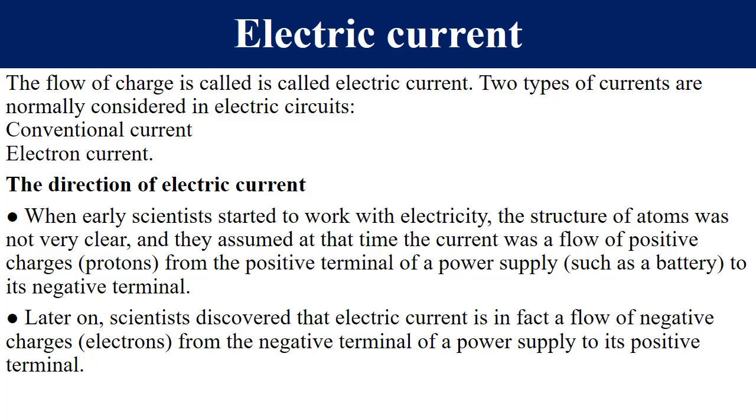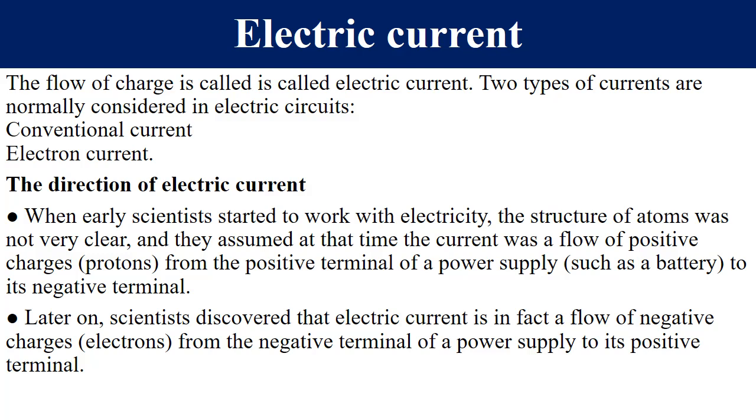Scientists, when they started to work on the structure of atoms, thought it was protons that moved. Hence, conventional flow of current is assumed to be from positive to negative. Then later, it was discovered that there is an electron, and it is the one that moves. That's when we now have electron flow of current. And please take note, it is current that flows.